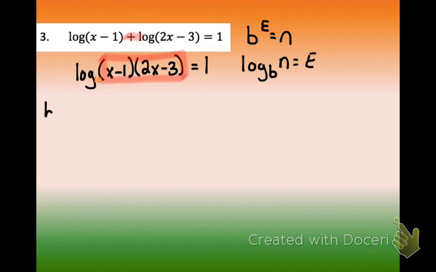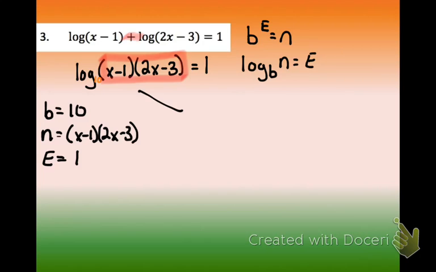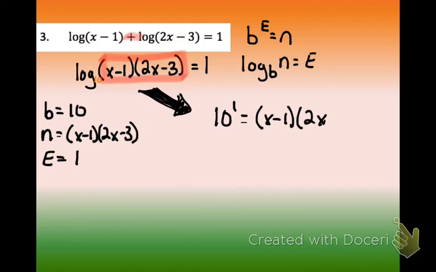So we know that our base here is 10. N is actually going to be x minus 1, 2x minus 3, the whole thing. And our exponent is going to be 1. So when we switch forms here, we will end up with 10 to the first power equals x minus 1 times 2x minus 3.